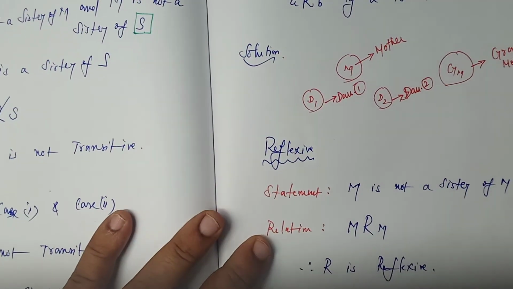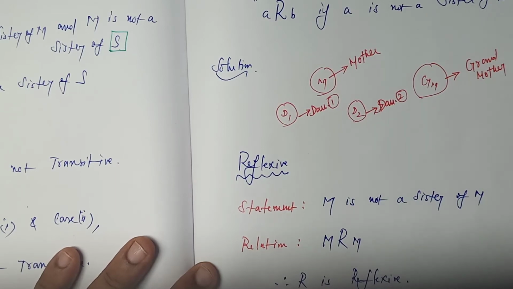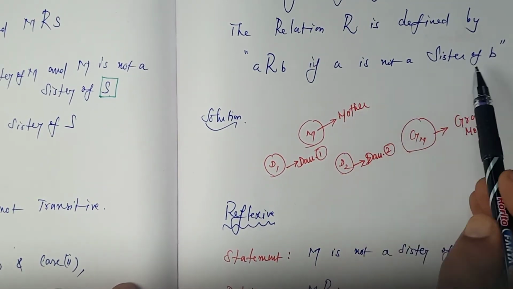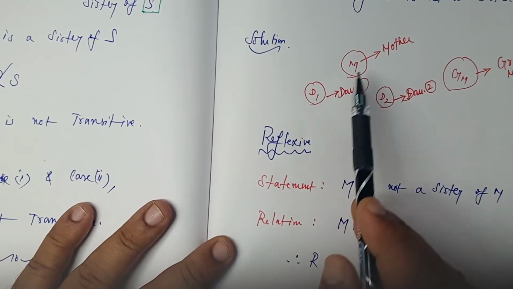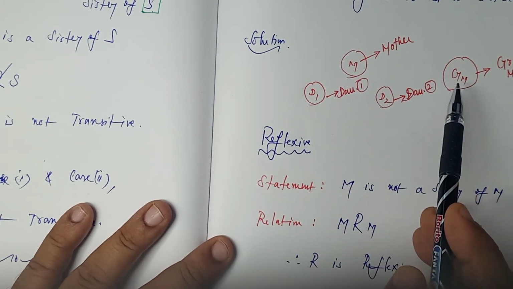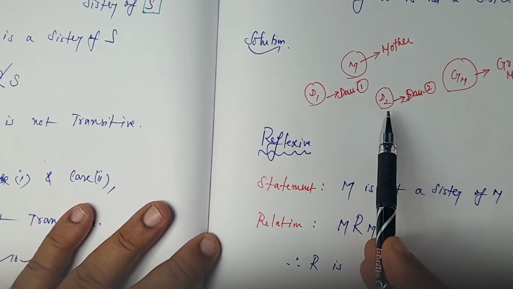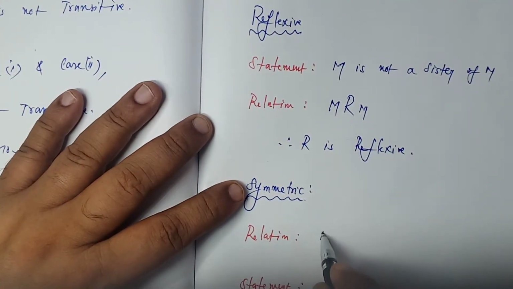Here you have to consider 2 family members by obeying the condition: not a sister. So I have to consider M and D1, or M and D2, or M and GM. You are not supposed to consider D1 and D2 because D1 and D2 are sisters. So I can go for M and D1.